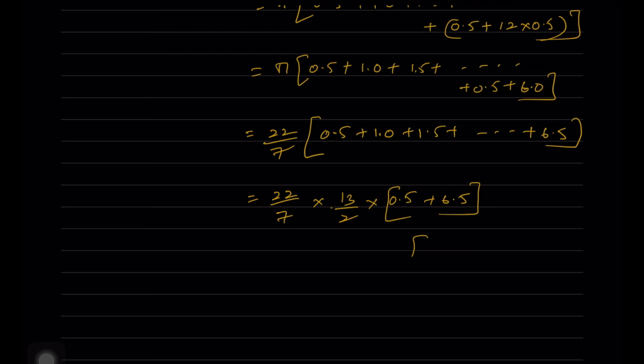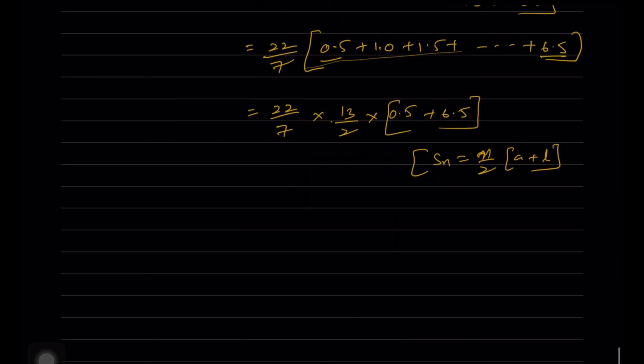Since you know that Sn, the sum of 13 terms, is nothing but n by 2 into a plus l. So n by 2, n is nothing but 13, a is 0.5 in this and l is 6.5. I use that formula and I wrote this. So which is equal to 22 by 7 into 13 by 2 into 7. 7 will get cancelled. This is 11. 11 into 13 is 143 centimeters.